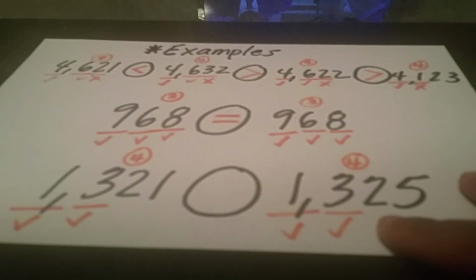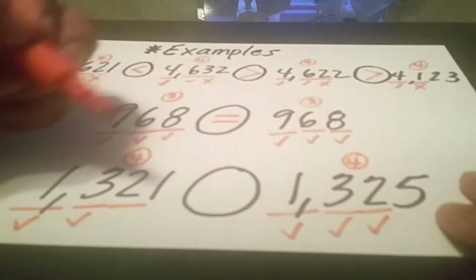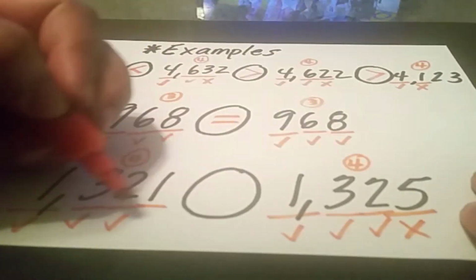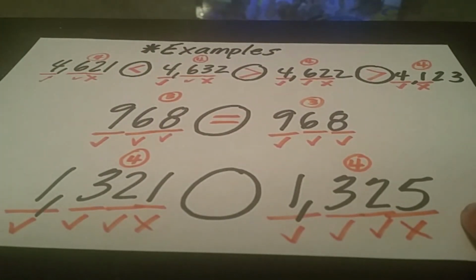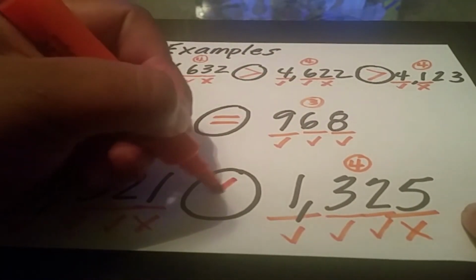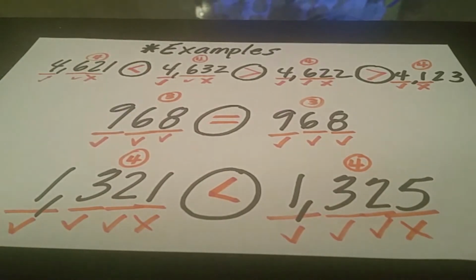They check off. We have a 2 here and a 2 here. They check off. We have a 1 here, but a 5 here. So they don't check off. But I know 5 is greater than 1. So my alligator would eat that way.